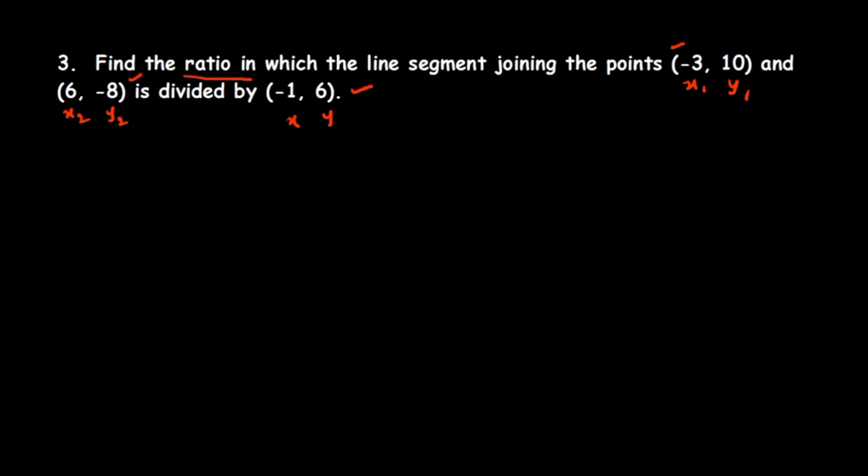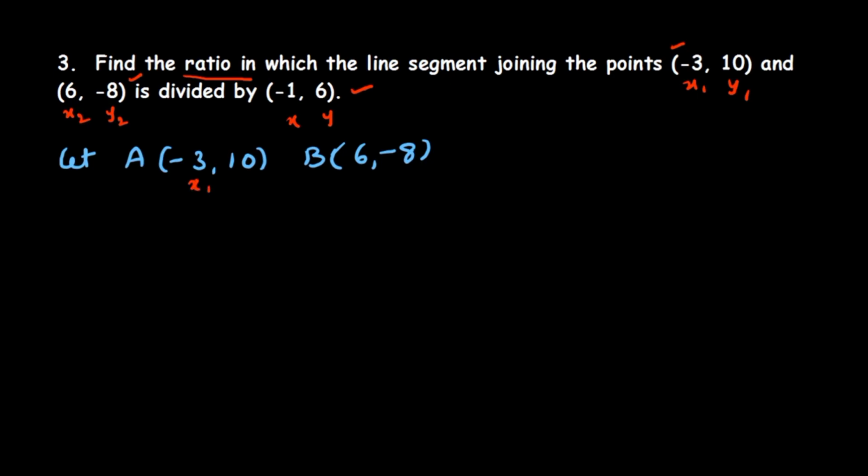To find this, I'm going to take any one coordinate, whether x or y. Let the given 2 points be A (-3, 10) and B (6, -8).